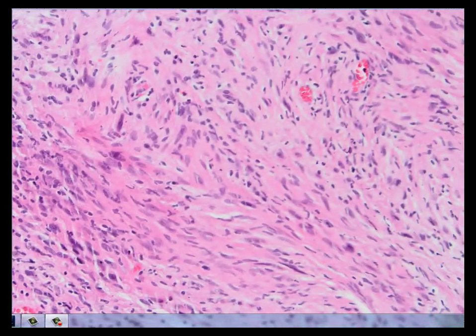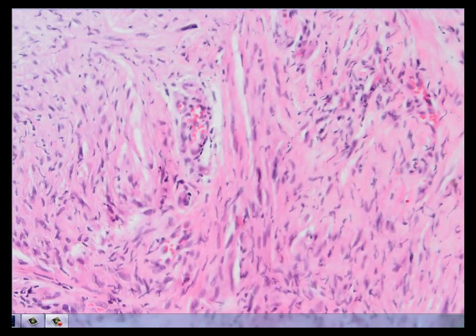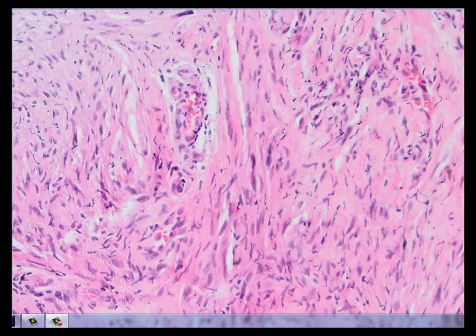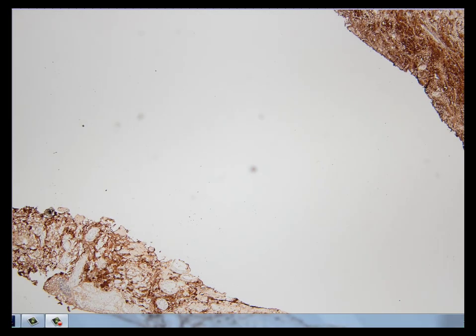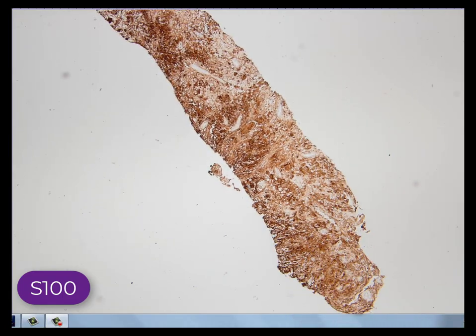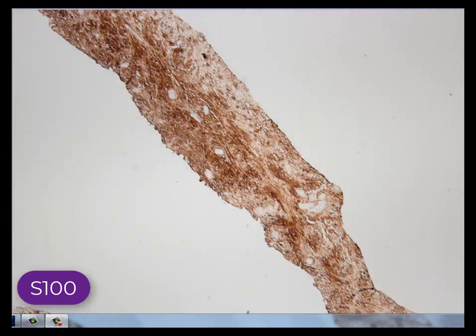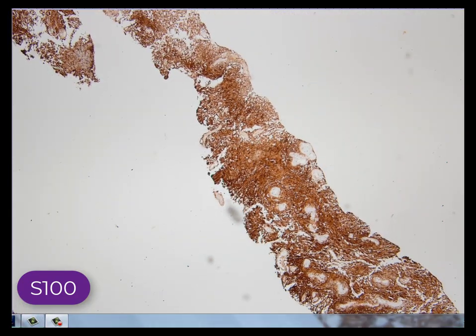And of course, if these cells are not matched with mitotic figures or necrosis, you should think about ancient changes in these types of biopsies. So we ordered S100, and this is diffuse, homogeneous and strongly positive. So the diagnosis is schwannoma.